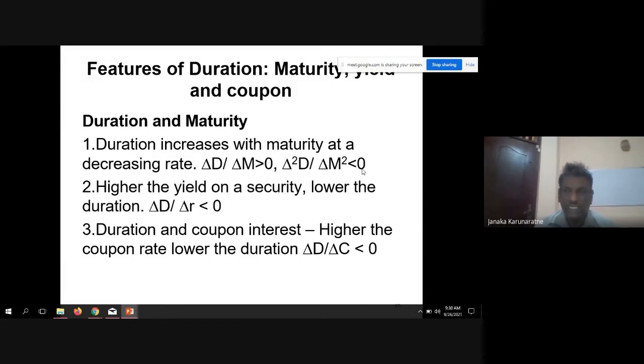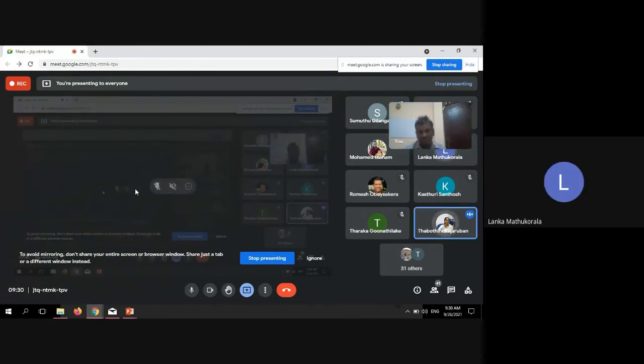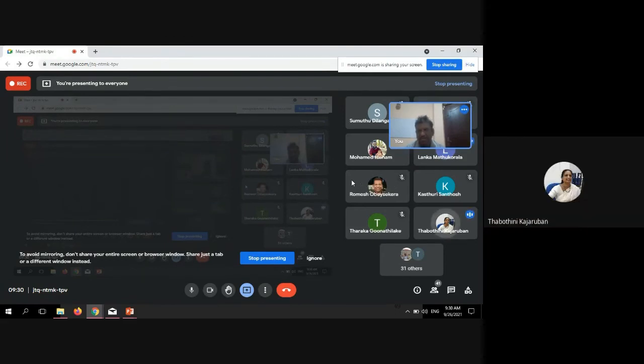But you want to select a higher duration instrument. So which one do you select? Can someone tell? 5%. Yes, 5%, because it will have a higher duration, right?